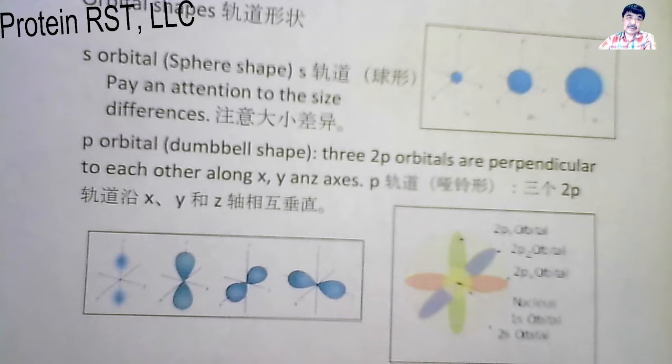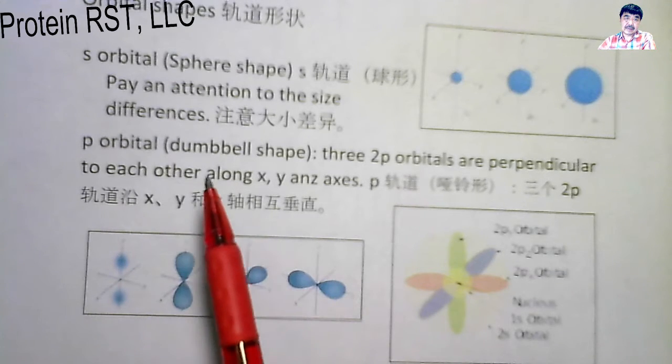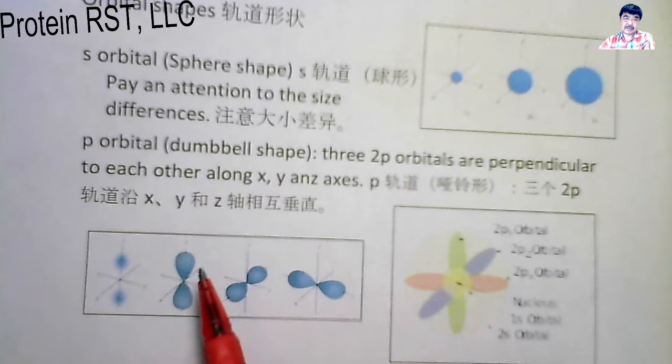The p orbitals look like a dumbbell shape.